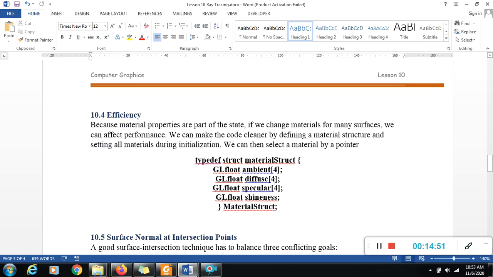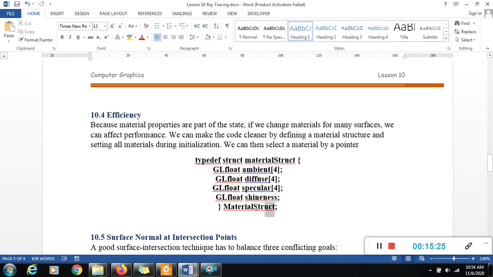Efficiency with regard to ray tracing. Because material properties are part of the state, if we change materials for many surfaces, we can affect performance. We can make the code cleaner by defining a material structure and setting all materials during initialization. You know about structures in C. We define a material structure, then GLfloat ambient, diffuse, specular level, shininess, and then of course we define the name of the material structure.